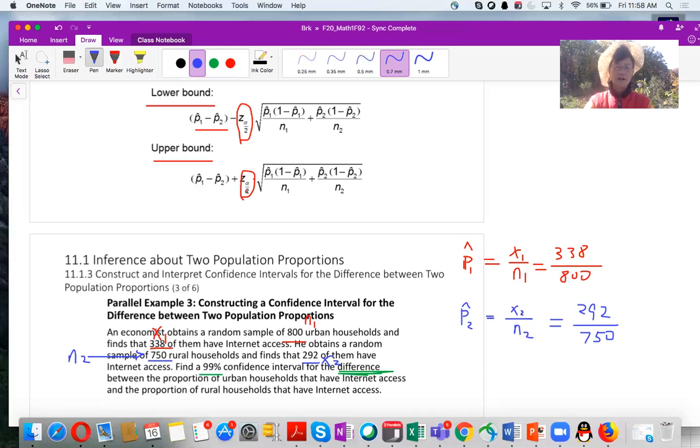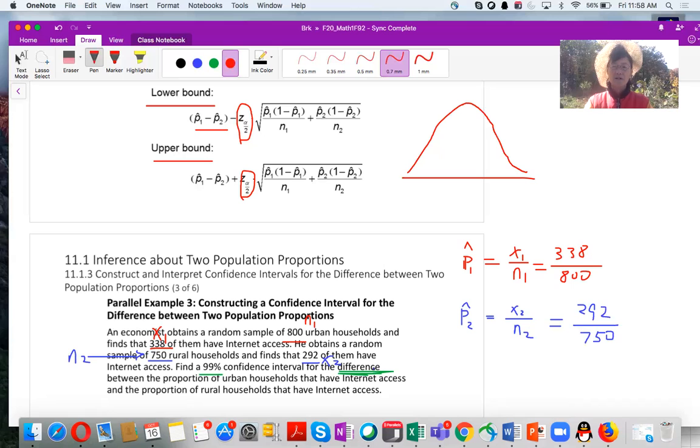Next, I will calculate z half alpha. Because this is a two-tailed test, how do I know it is two-tailed? The keyword difference. This is one indication. The other indication, the question asks you to construct a confidence interval.